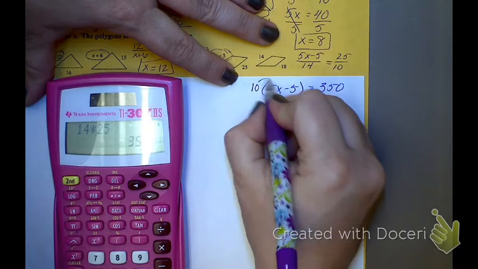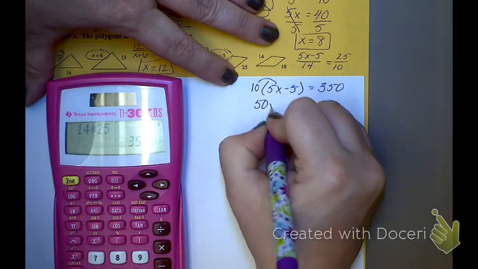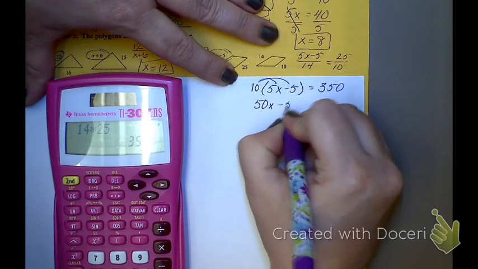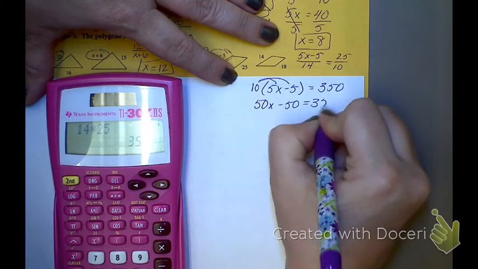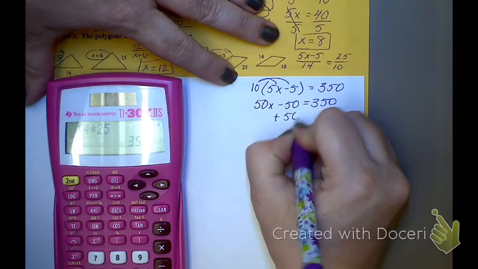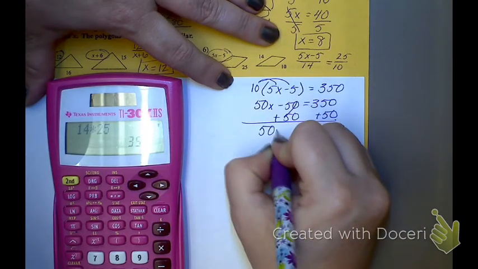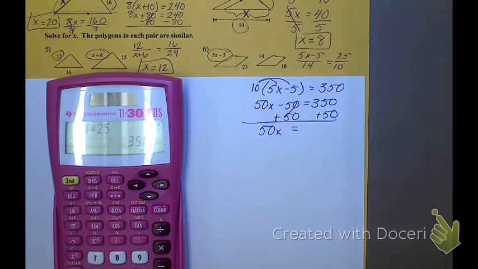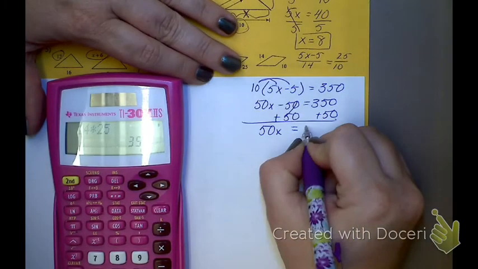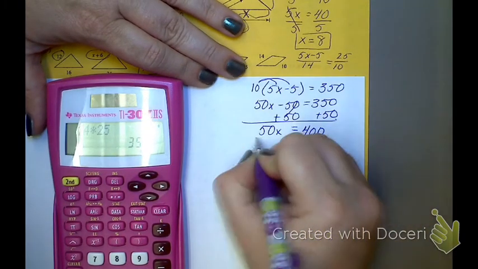So 10 times 5x would be 50x minus 50 equals 350. Add 50. 50x. Marcus, sorry about that. 50x equals 400. Divide by 50.